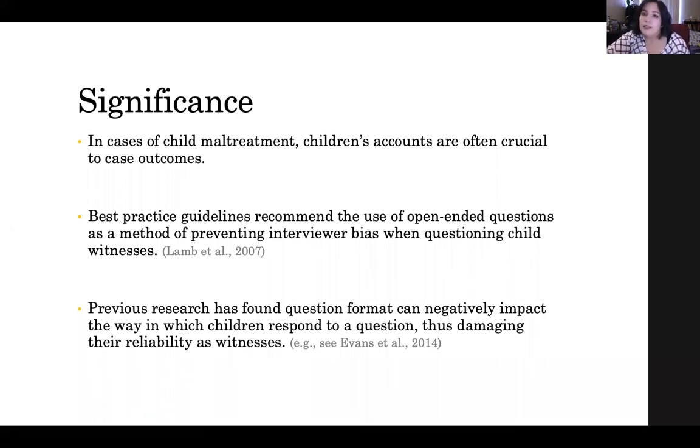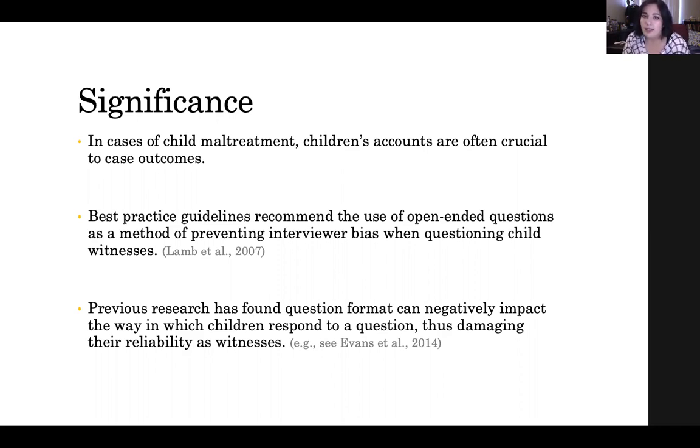So we know that in cases of child maltreatment, the eyewitness accounts that children provide are vital pieces of evidence. Therefore, us as researchers and investigators should work together to ensure that the way we question children helps them provide the most elaborative and accurate information that they can provide.